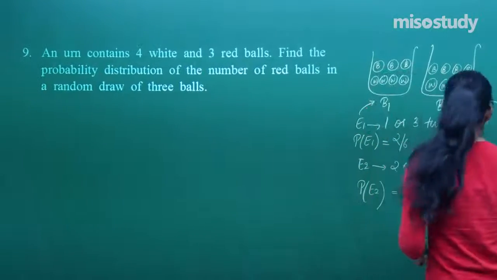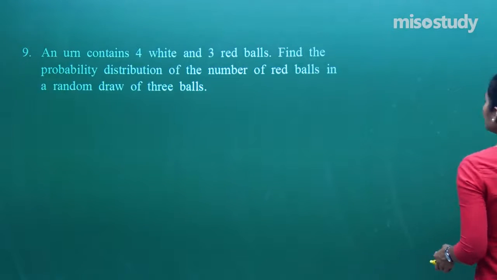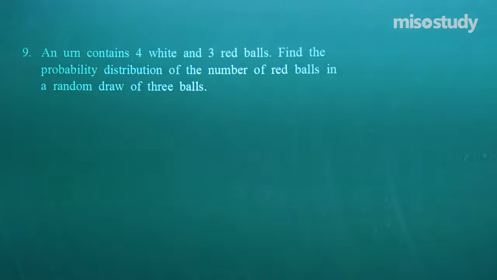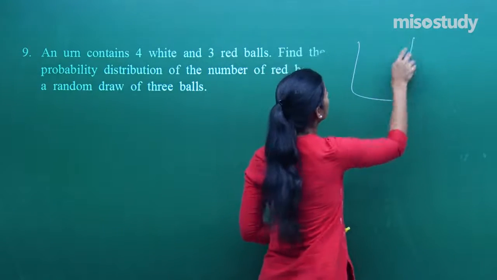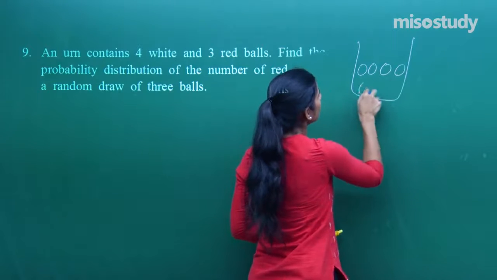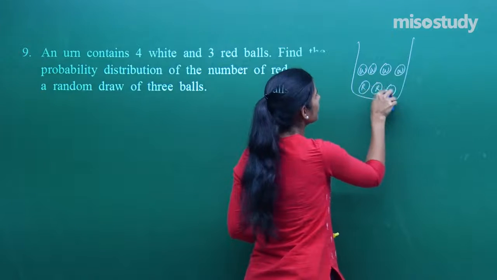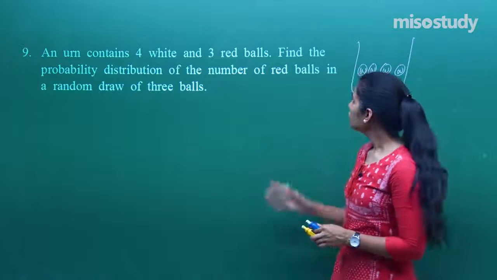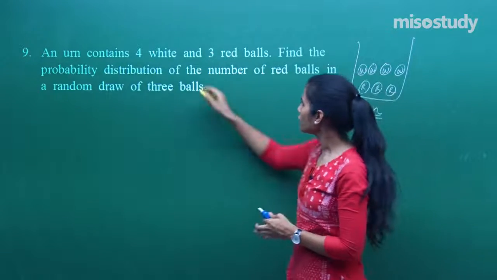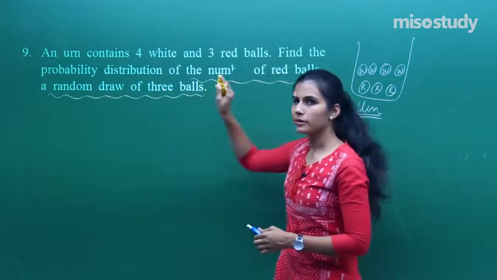An urn contains 4 white and 3 red balls. Find the probability distribution of the number of red balls in a random draw of 3 balls from the bag. Now this urn is containing 4 white and 3 red balls. I am saying find the probability distribution of, this already is giving me the definition of my random variable.